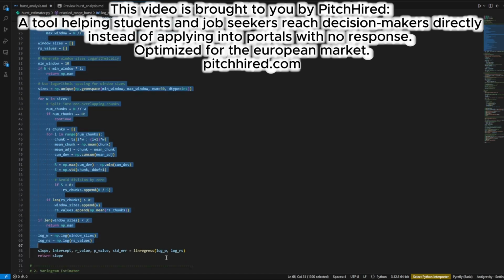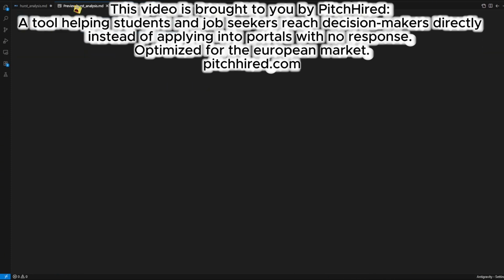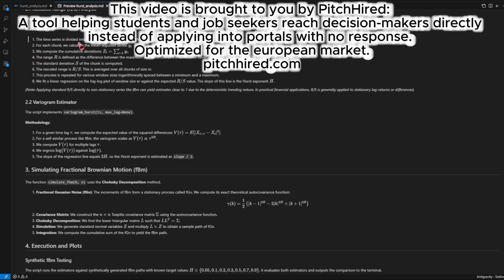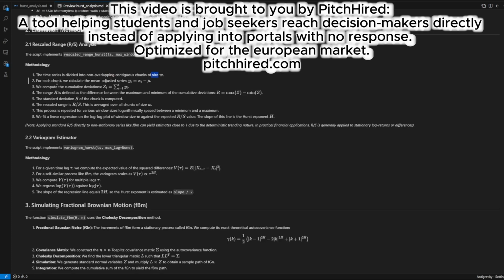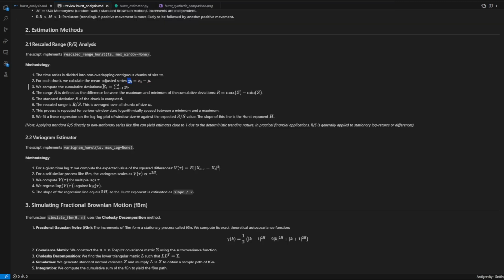So basically in this function, the time series is divided into non-overlapping contiguous chunks of size W, and then for each chunk we calculate the mean adjusted series. So yt is xt minus mu, and then we compute the cumulative deviation.